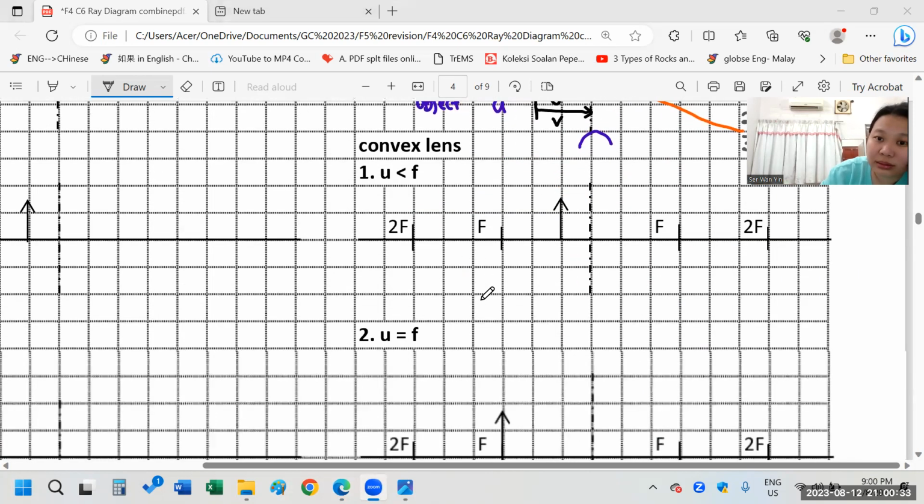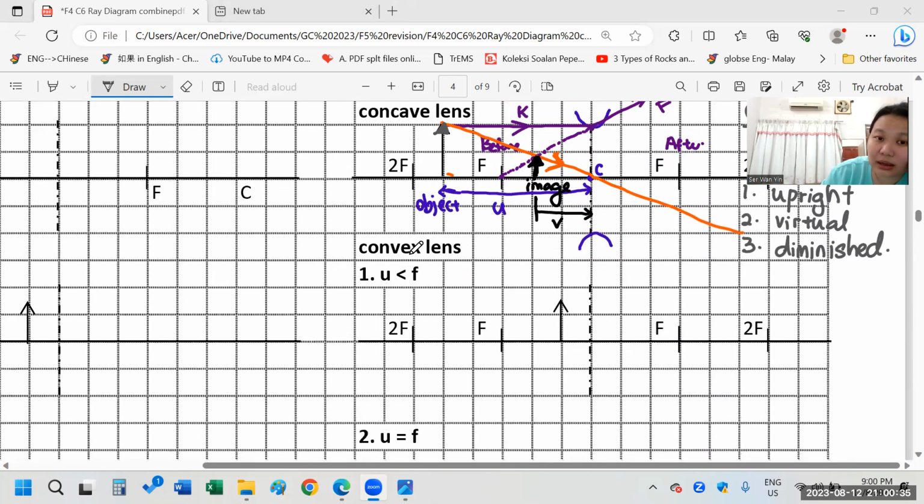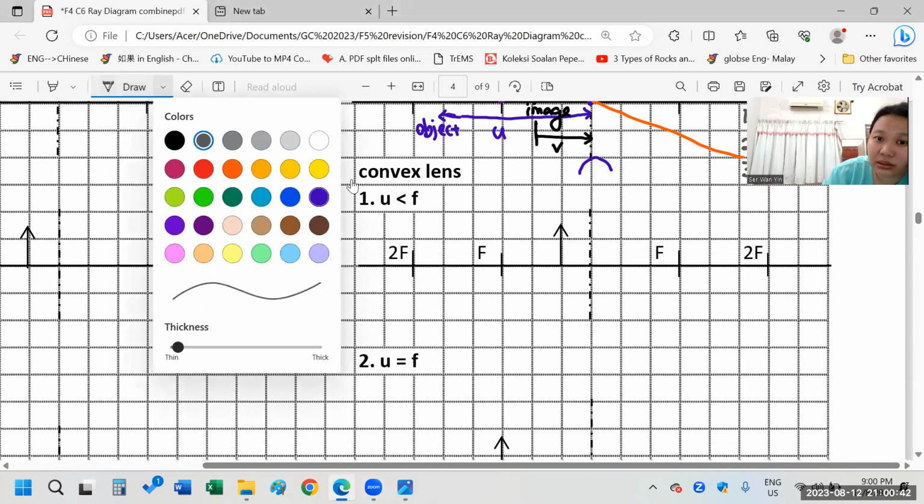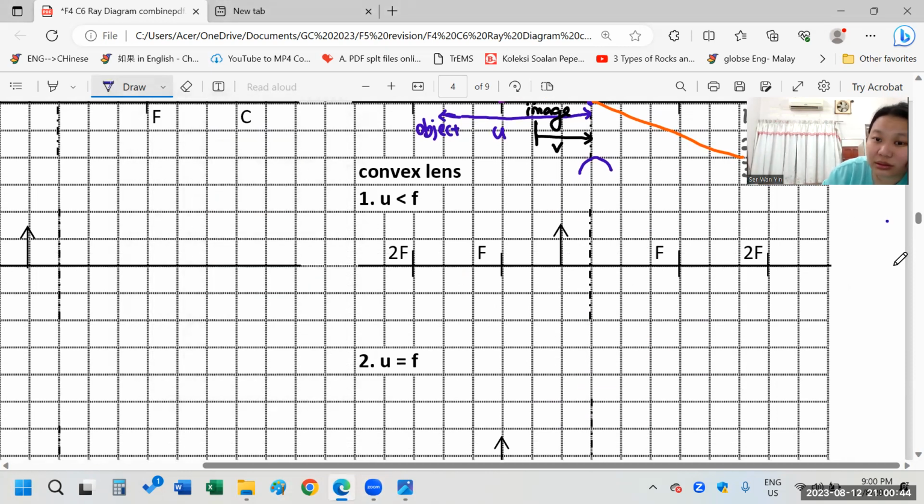Never mind. Now, let's look at convex lens. How to draw a convex lens? Bracket inwards, like this one.